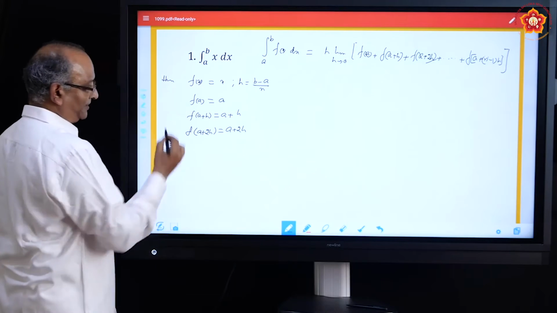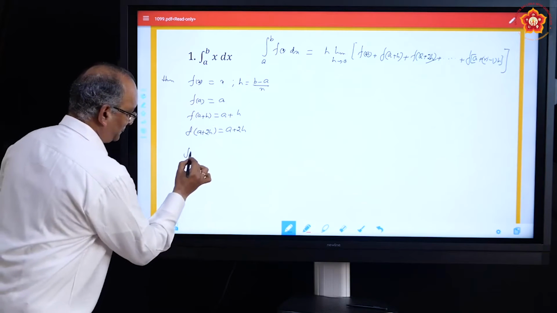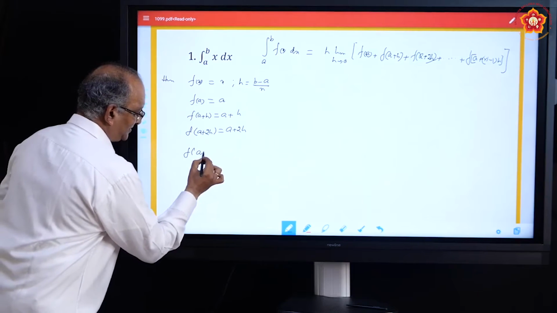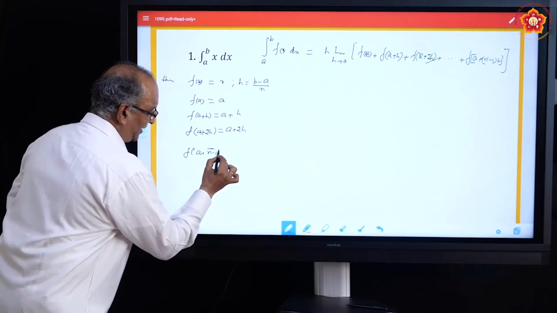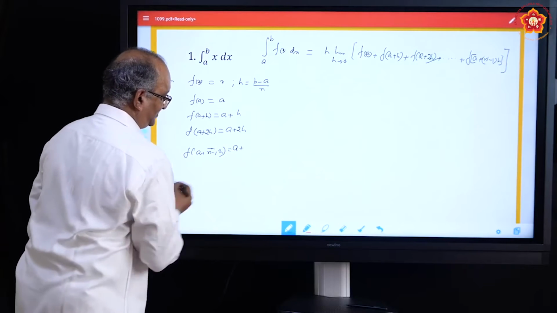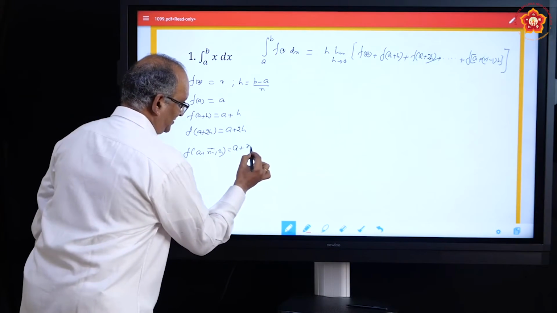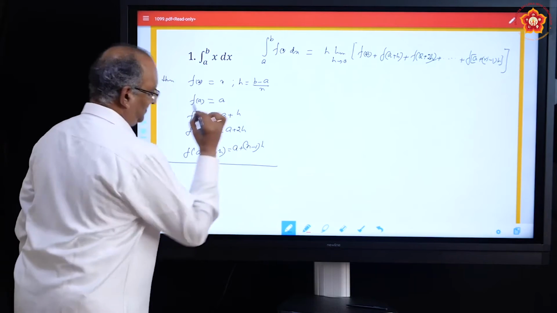And you keep writing all the terms. Let us write the last term, that is f of a plus n minus 1 into h. So this also will be a plus n minus 1 into h. Add all of them.